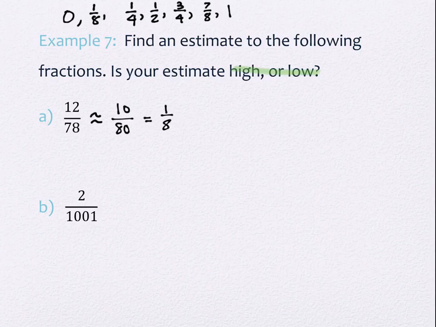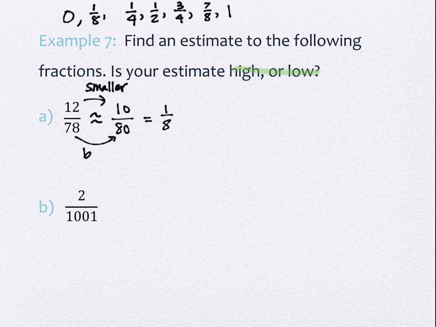When we look at these fractions, my numerator, did it get bigger or smaller when I changed it from 12 to 10? It got smaller. So I ended up with a smaller number on the top. Now, my denominator went from a smaller number to a bigger number. Did it get smaller or bigger?